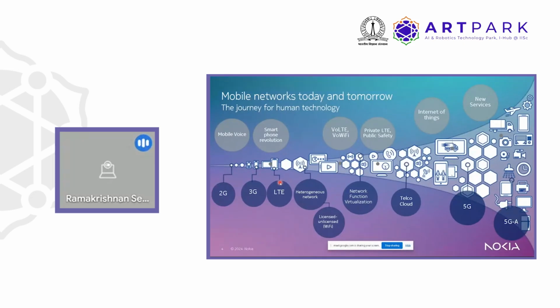And subsequently, when LTE moved into a certain level of maturity, we had LTE small cells evolving. LTE also had an unlicensed variant, licensed assisted access, wherein you could use one of the existing spectrum as the anchor layer, and then use the unlicensed spectrum for dedicated quality of service based services.